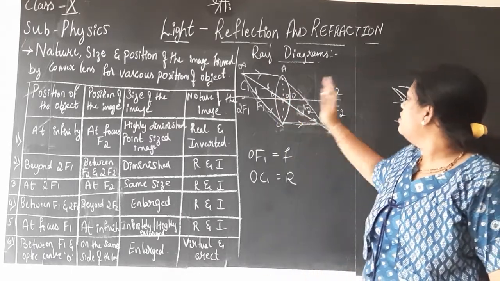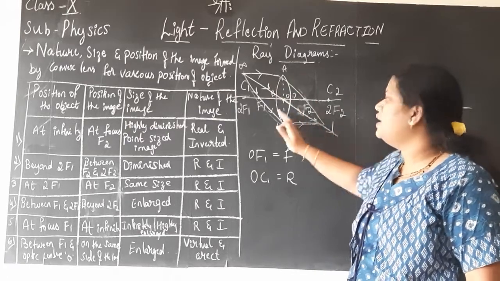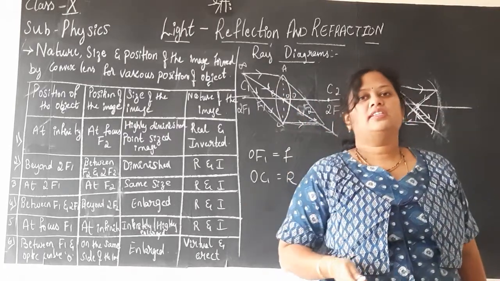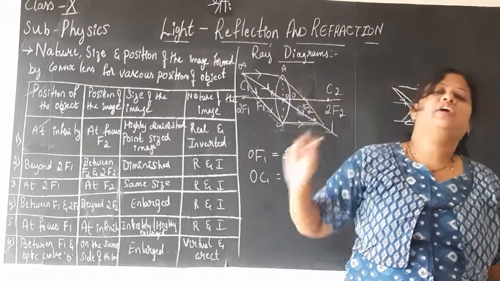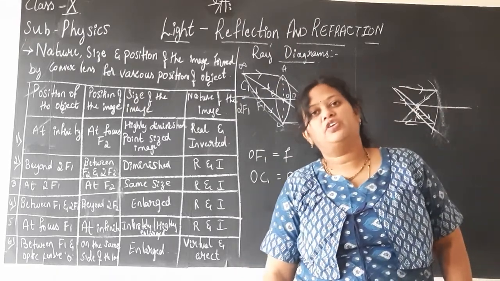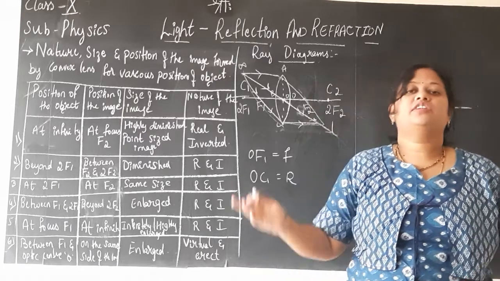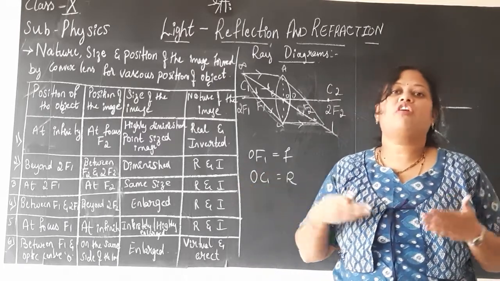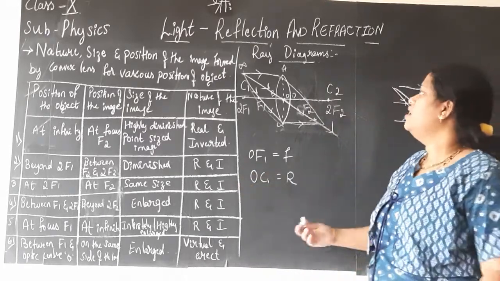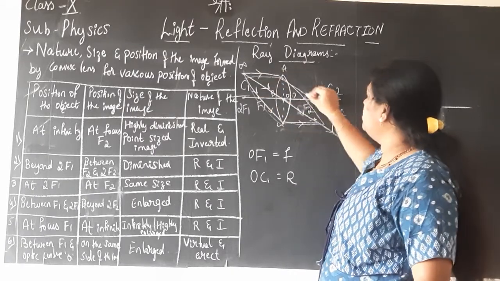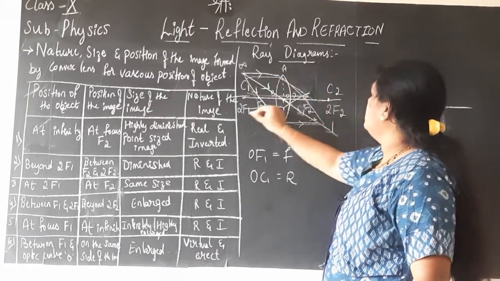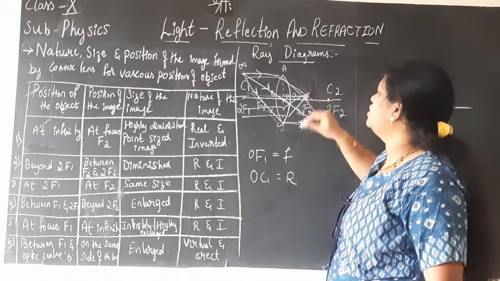Why here I always say the image is forming on the other side of the lens? The answer you will get if you have watched the previous session video where I explained the ray diagram, that is when we drew the diagram to show that a convex lens is a converging lens. How did we draw that? The rays of light, like this, from here to here, used to converge at a point.